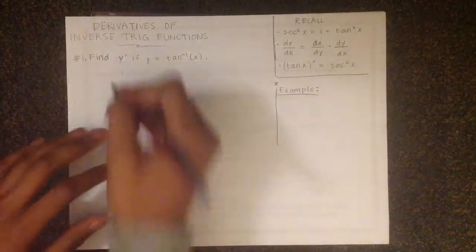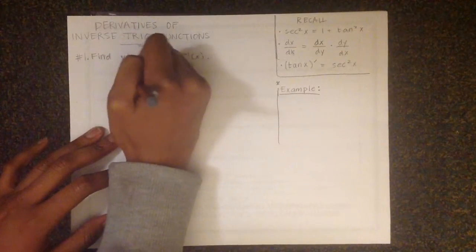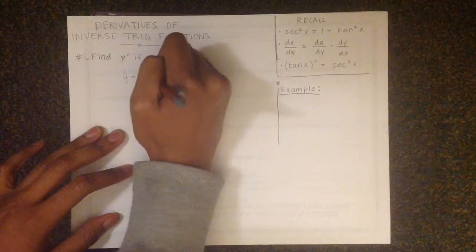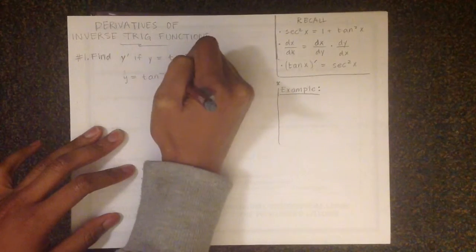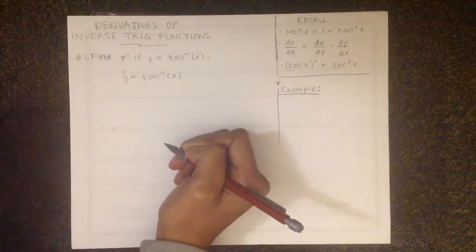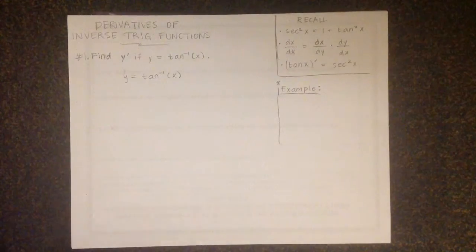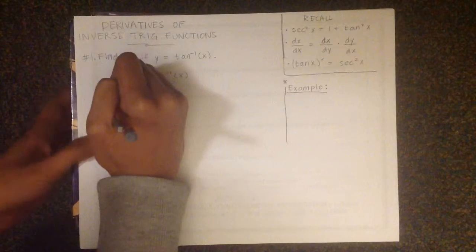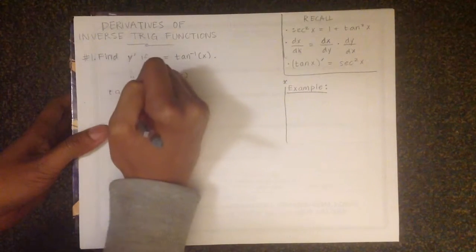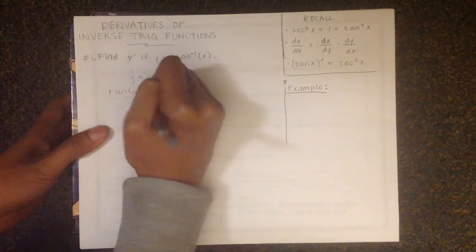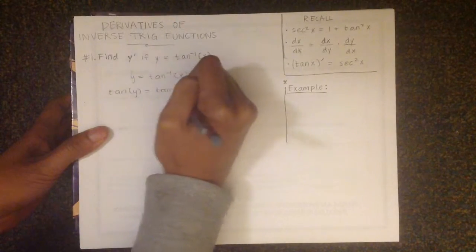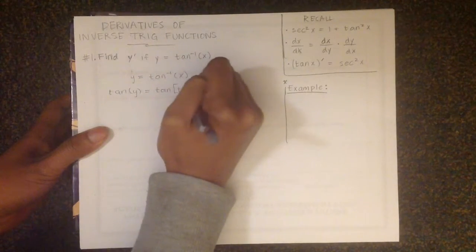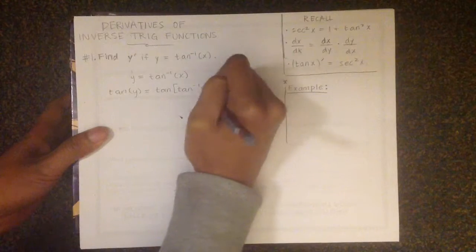So what we're going to do is write down the function that we're given, which is y equals tangent inverse of x. And we're going to take tangent of both sides because what we want to do is solve for x. So we have tangent of y is equal to tangent of tangent inverse of x.